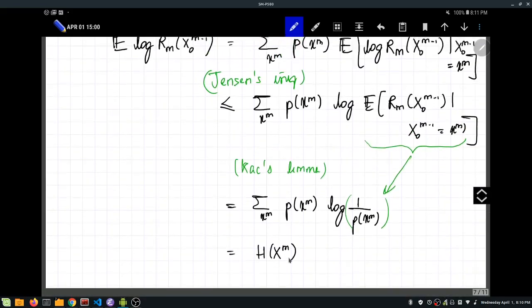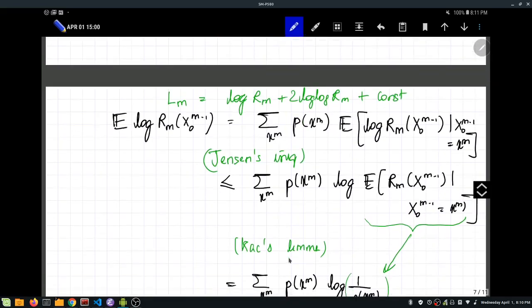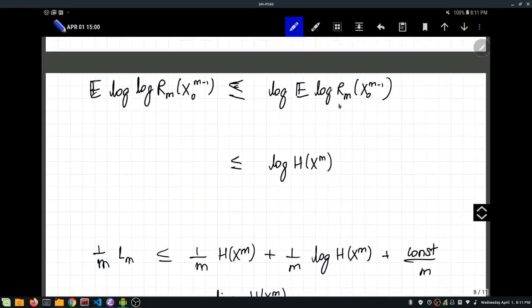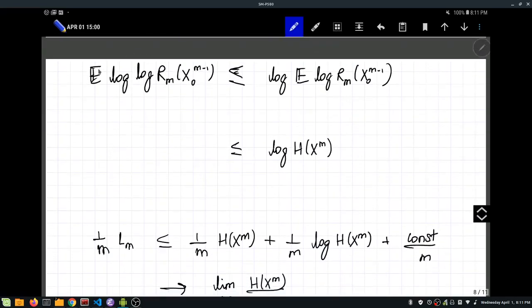So we've taken care of the first term in L_m, and we need to show that the other term is similarly bounded. So once again, what we want is the expectation of log of R_m of x_0 to m minus 1.